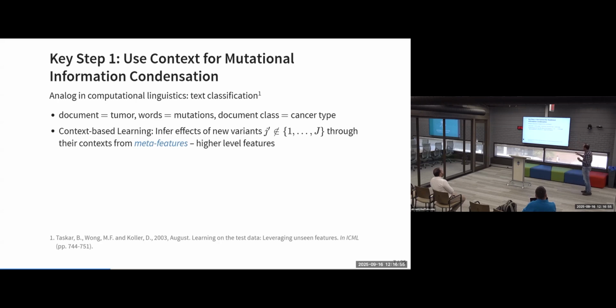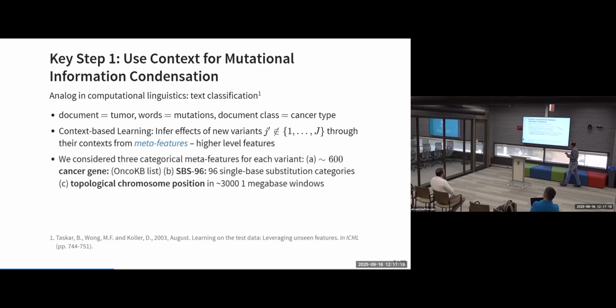So the analogy here is called context-based learning, trying to infer the effect of a new mutation based on the contextual information we might have on those new or rare mutations. Directly on those specific rare or new mutations, we do not have enough information, but possibly based on the contextual information, we might be able to say something about those mutations.